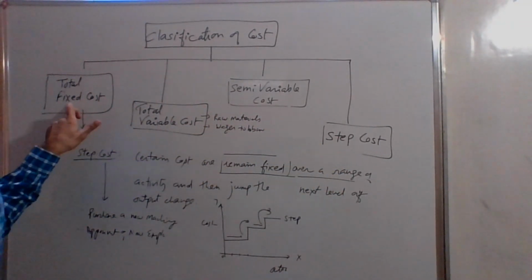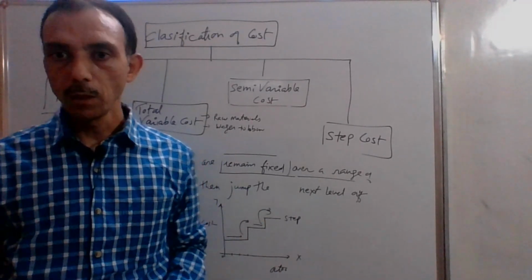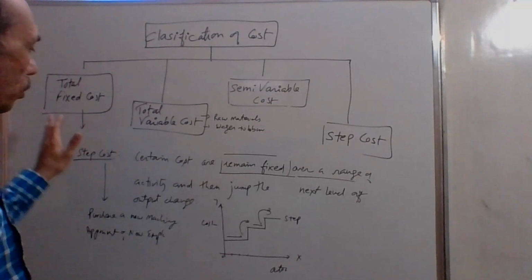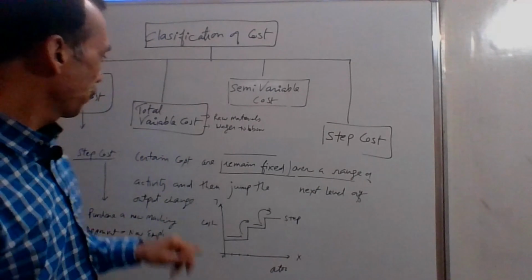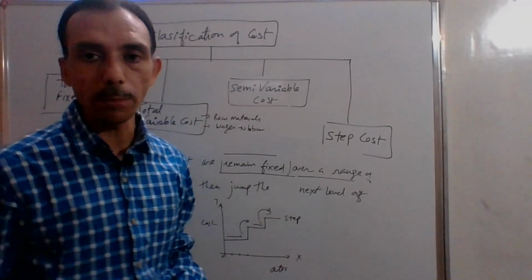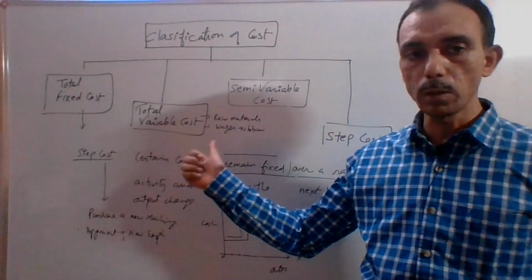Total fixed costs are fixed in total, while per unit fixed cost is variable. I repeat, total fixed cost is fixed, while per unit fixed cost is variable. Total variable costs directly depend on the production output. As the production increases, variable cost also increases, directly depending on the volume of output.